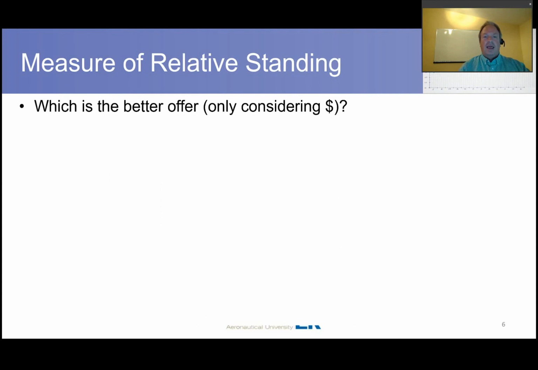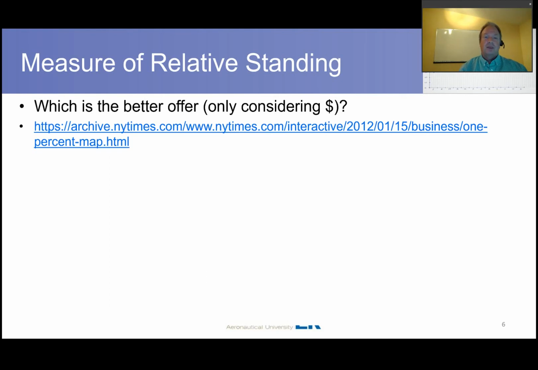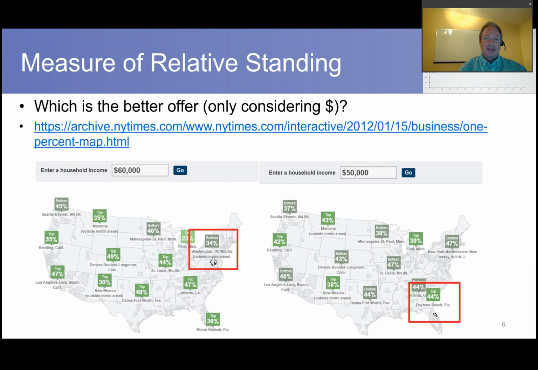So if we ask which of these two job offers is better from purely a monetary point of view? Very often when you take your first job, it's just for experience, but a lot of people do choose the job that pays the most. If you click on this website, you don't have to, but if you did, you would get a little cost of living comparison calculator.